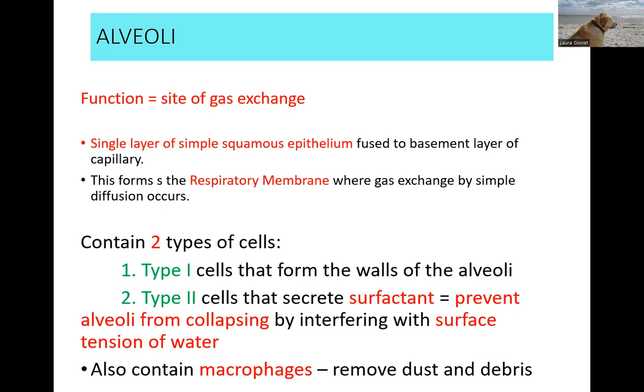Air from the alveoli is going to move outward so you can exhale it: from the alveoli to the bronchioles, to the bronchi, to the trachea, to the pharynx, out the mouth you go, or out the nose you go. This is how you exhale carbon dioxide.